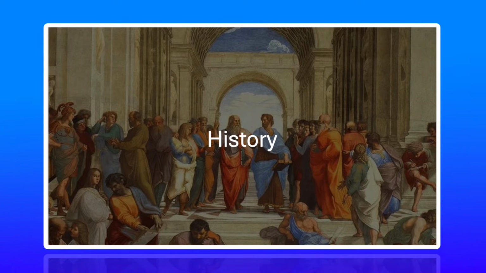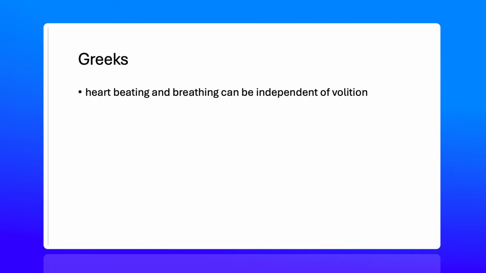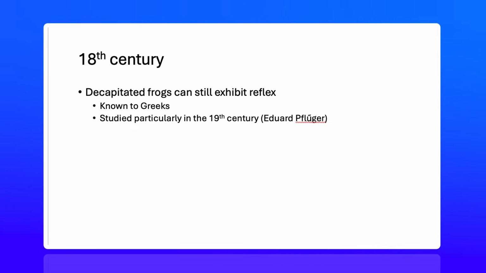I think for that it's good to start with history. Even the Greeks knew that the heart can beat and the lungs can breathe independent of the brain. In the 18th century, it was well known that decapitated frogs can still exhibit reflexes.